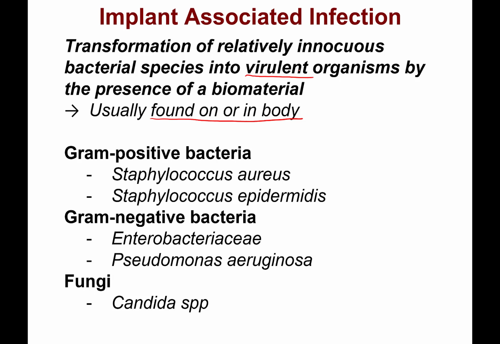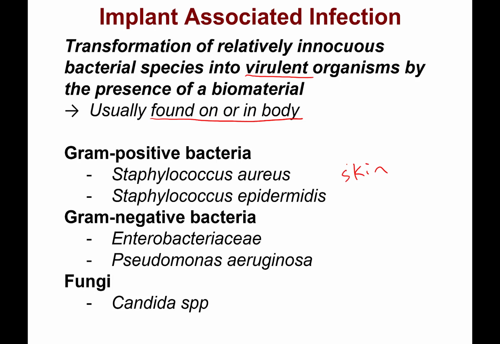Now, before we go into how that process happens, I want to talk about some of the most common offenders. We're going to break them up into gram-positive bacteria, gram-negative bacteria, and fungi. These are some of the important species here. For gram-positive bacteria, you have Staphylococcus aureus and Staphylococcus epidermidis. These are found on skin; they're on our skin normally.